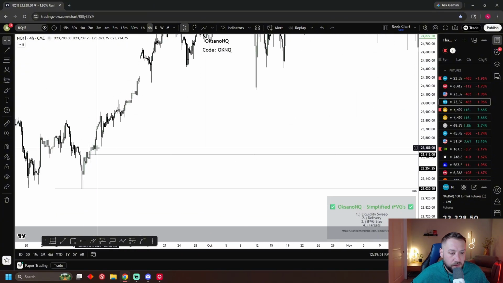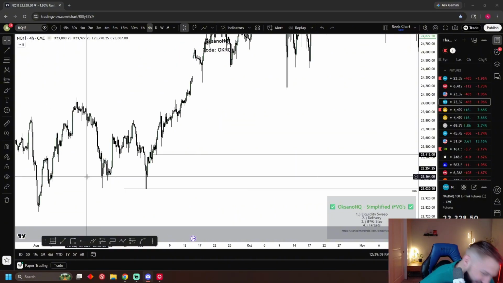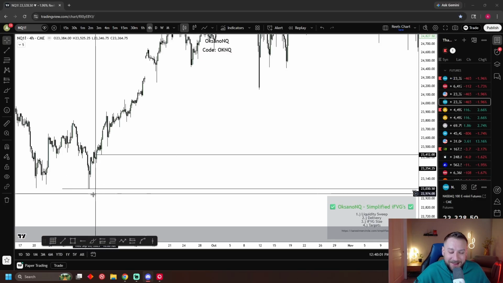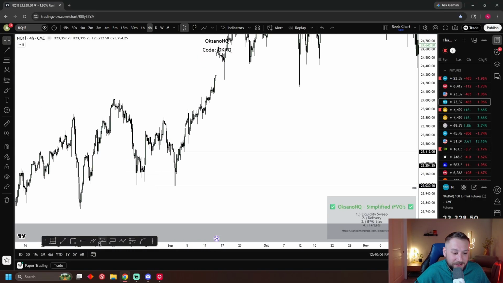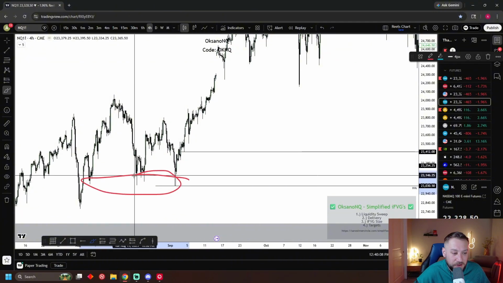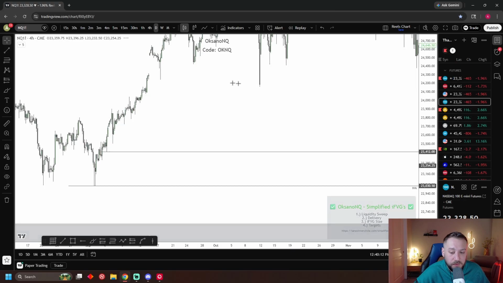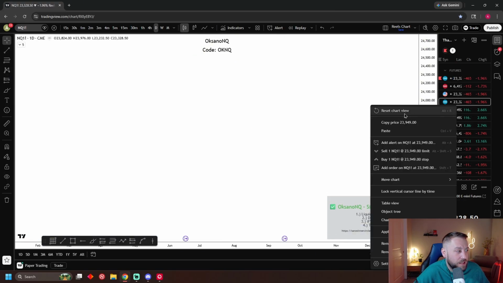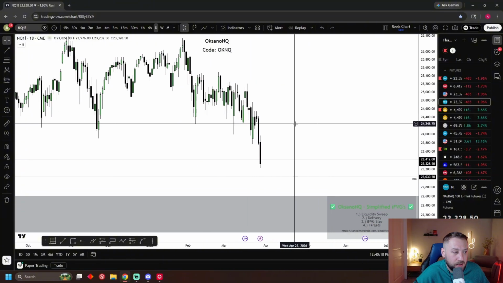Down here we have stacked lows and this BPR. You've got to find stacked lows, or highs, that haven't been taken. And once we take one side, you go to the other side.